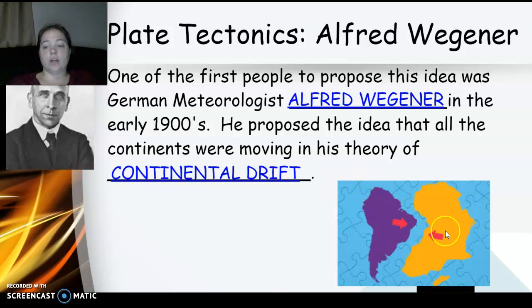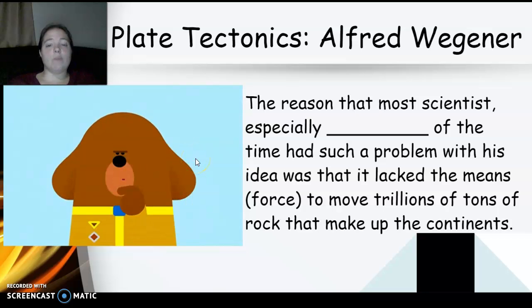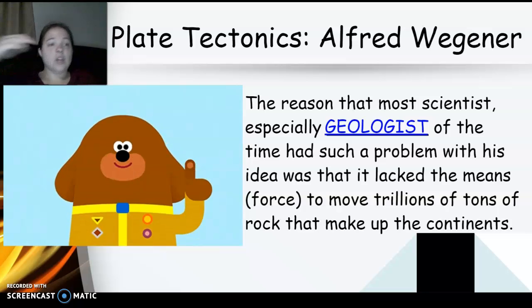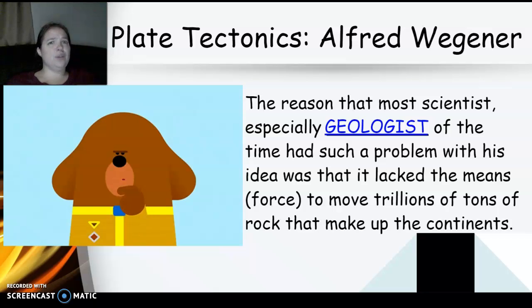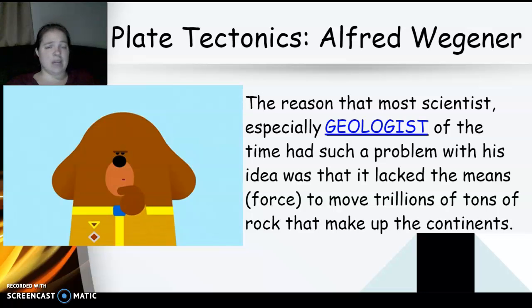Look, right there, although it's not really that way. Okay, so the reason that most scientists, especially geologists of the time, had such a problem with this idea was that it lacked means of force to move trillion tons of rock that made up the continents. So they're like, dude, how can this stuff move? That doesn't make any sense.